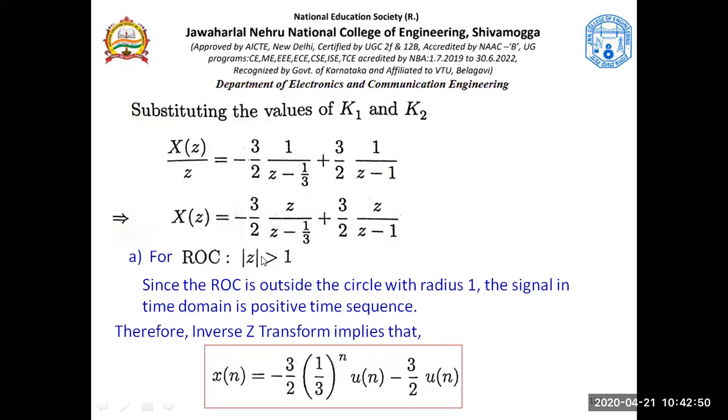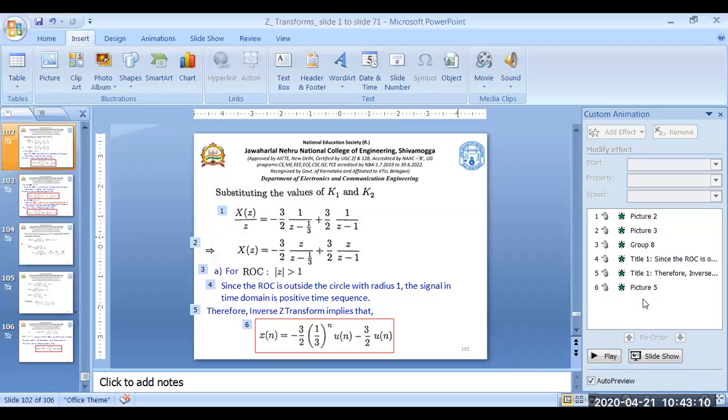The region of convergence is outside the circle. Hope you have understood. In the next class, we shall take 2 more ROCs and then apply the inverse Z transform to this. Okay? I think with that, we can end this session.